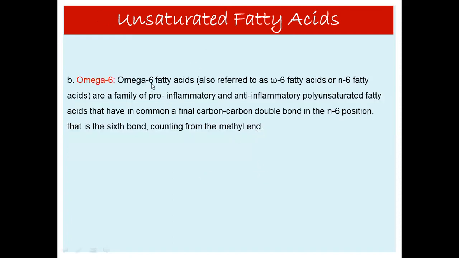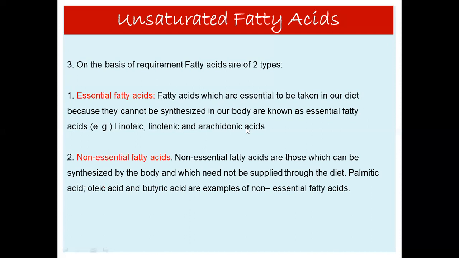Next, omega-6 fatty acids. Omega-6 fatty acids are a family of pro-inflammatory and anti-inflammatory polyunsaturated fatty acids that have in common a final carbon-carbon double bond at the n-6 position, six carbons from the methyl end.